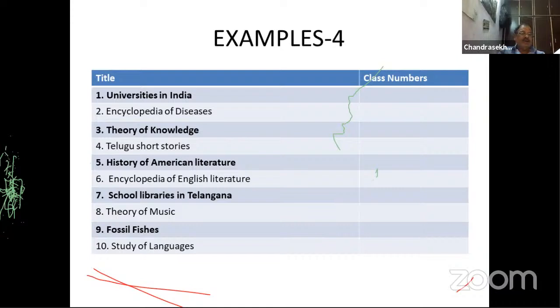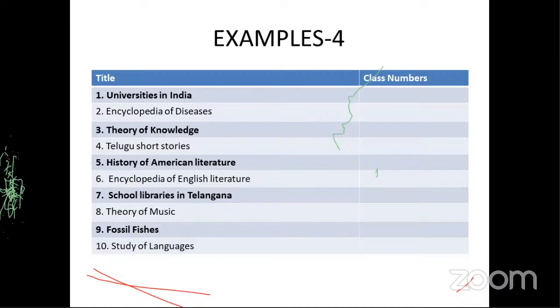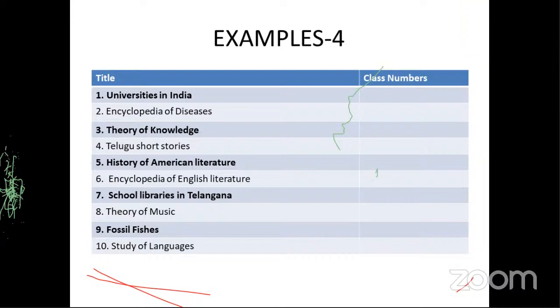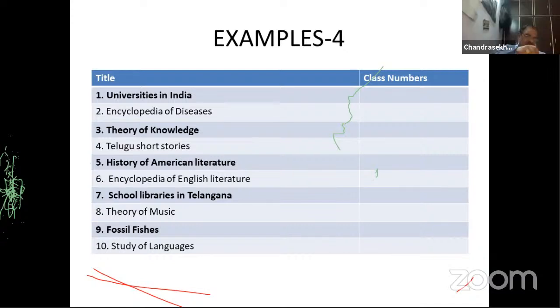What is the number for short stories? Short stories are part of novels. So novel is a big one, and the short one is a short story. So let us see under table number 3, all the divisions of table 3 in individual literatures. Poetry is 1, sir. Drama is 2.